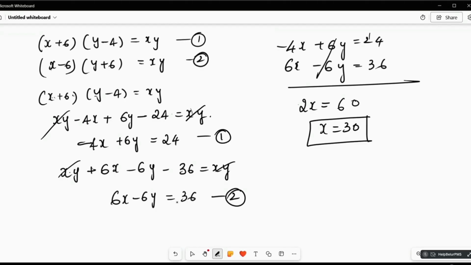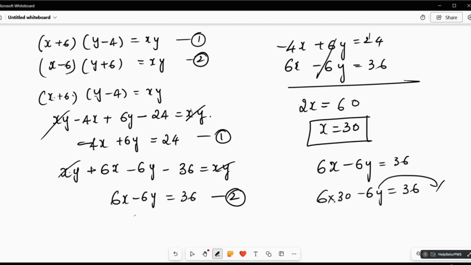Now, in this equation, we have 6x minus 6y is equal to 36. x is 30, so 6 into 30 minus 6y is equal to 36. Shift 6y to the other side. 6 into 30, 180 minus 36 is equal to 6y. So y you will get as 24.